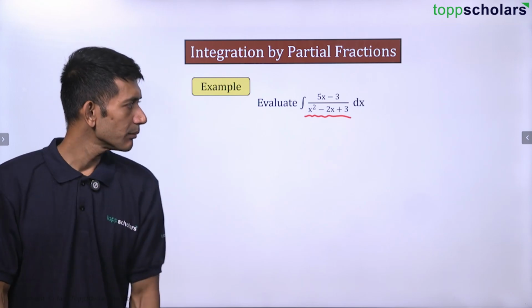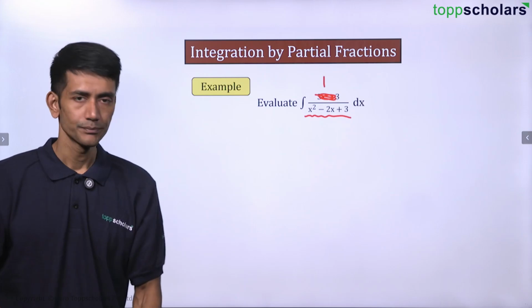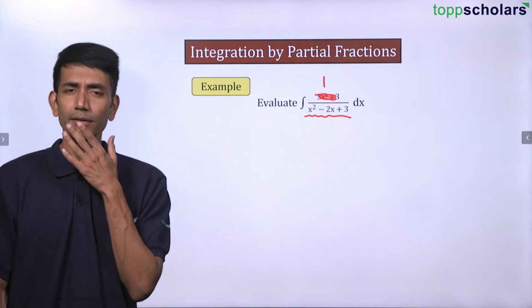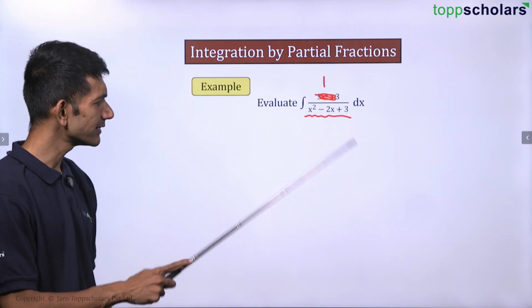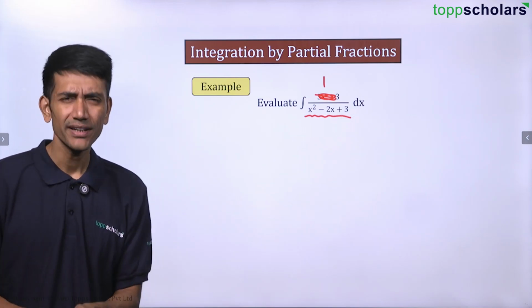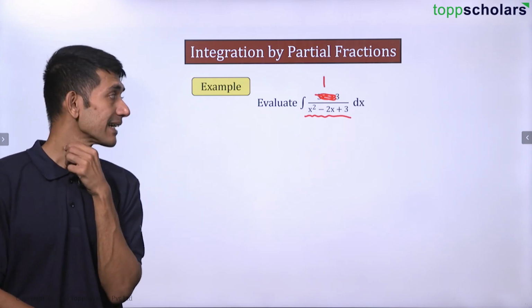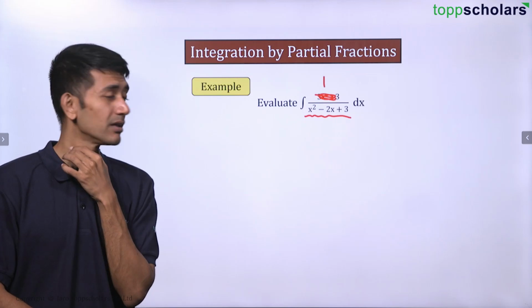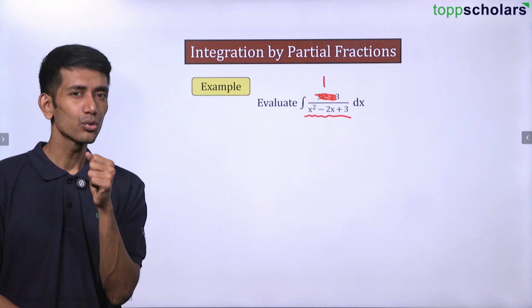We have x square minus 2x plus 3. See, if this was 1, then it was very simple. Adding 1 and subtracting 1 in the denominator basically. So that becomes x square minus 2x plus 1 plus 3 minus 1. That is x minus 1 the whole square plus root 2 square.